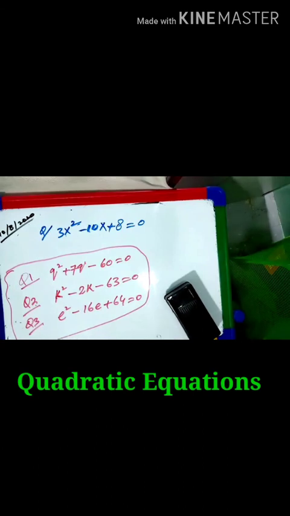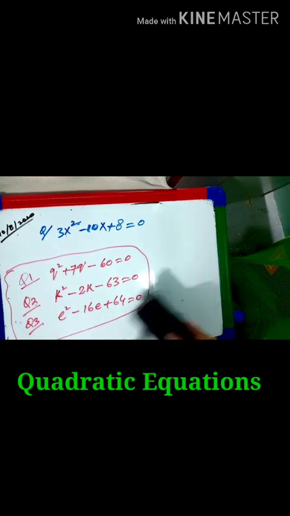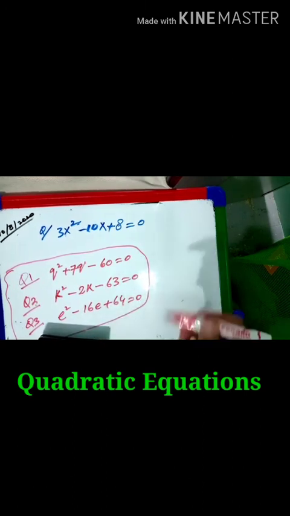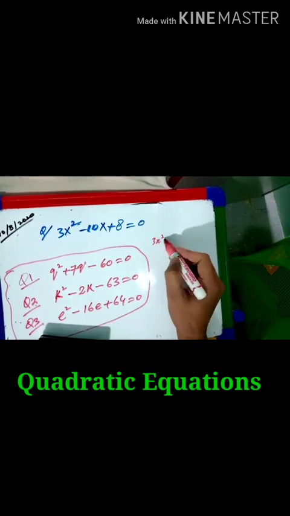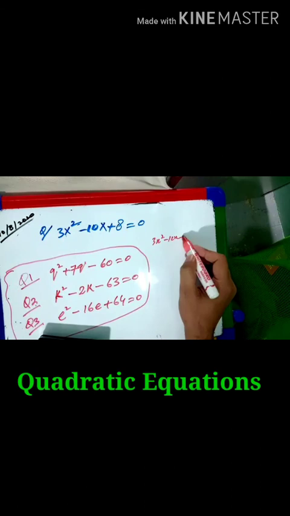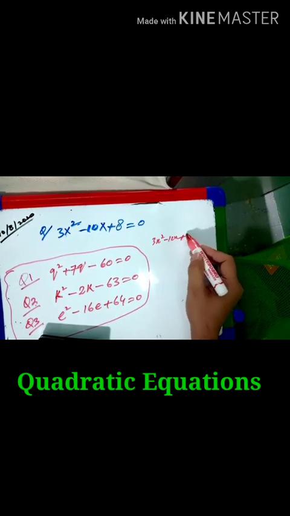And now you did this question. 8 3s are 24. 12 and 2 was okay. How you did it, you did like this: 3x square minus 12x plus 2x plus 8 equal to 0.